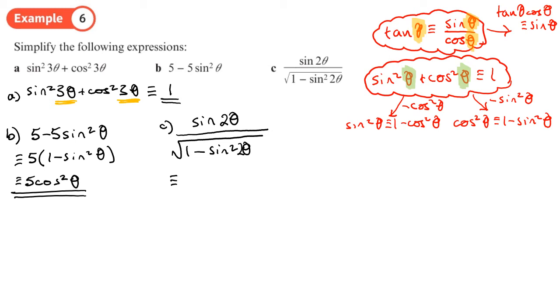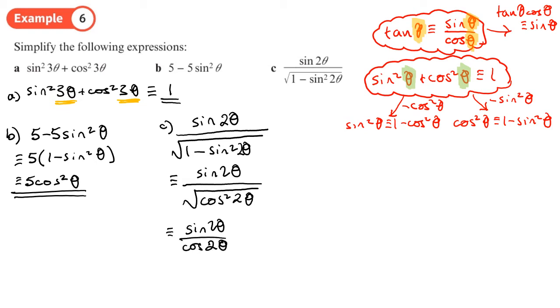Yeah, so we're using this identity here, 1 minus sine squared 2 theta, we can change to cos squared 2 theta. So I would have sine 2 theta over the square root of cos squared 2 theta. Now obviously the square and the square root are going to cancel out, just leaving you with sine 2 theta over cos 2 theta. And then we can use the first identity, so that's going to be tan 2 theta.